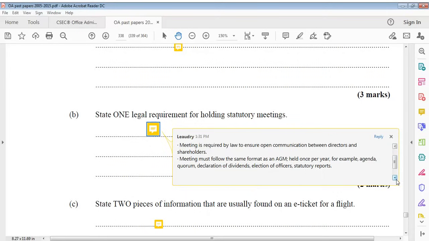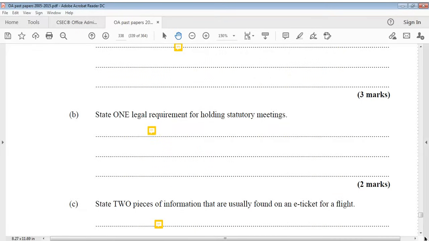Meeting must follow the same format as an AGM held once per year. For example, agenda, quorum, declaration of dividends, election of officers, statutory reports. All right. Let's move on to question number 3C.